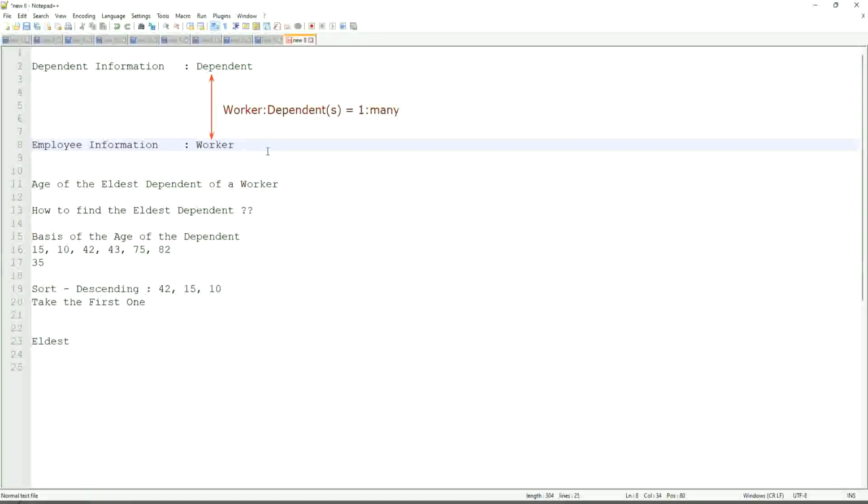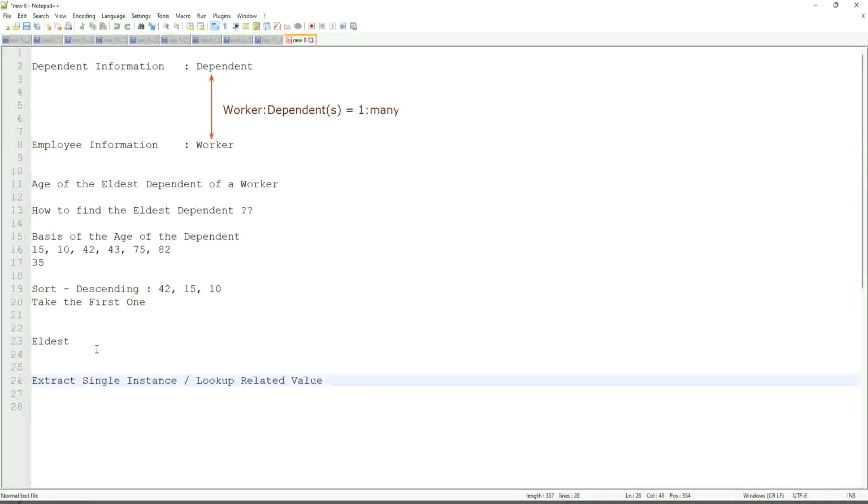Does the worker business object have the information about the dependent's age? The answer is no. That is why we are going to use a combination of calculated fields that is called extract single instance. Right. And lookup related value.